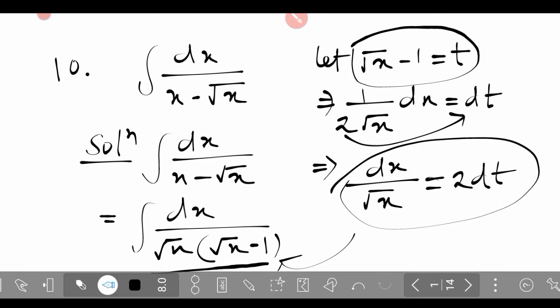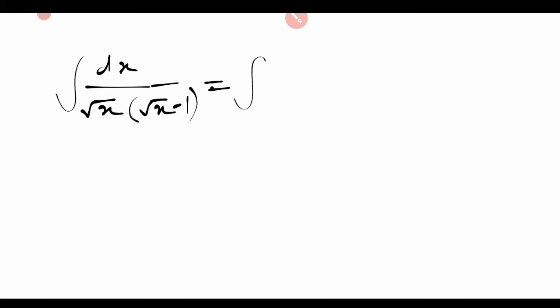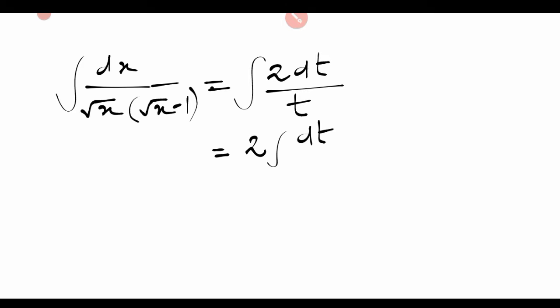Then we have integration dx divided by root x whole into root x minus 1 equal to 2 into dt by t. Since 2 is a constant, it can be put outside the integration sign. By putting 2 outside the integration sign, we have 2 into integration dt by t.